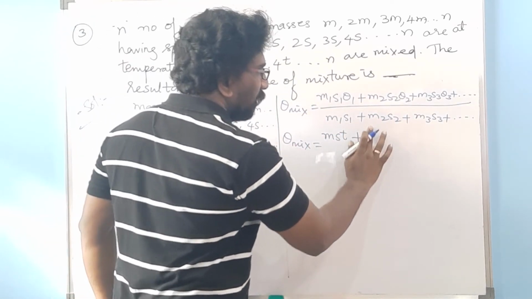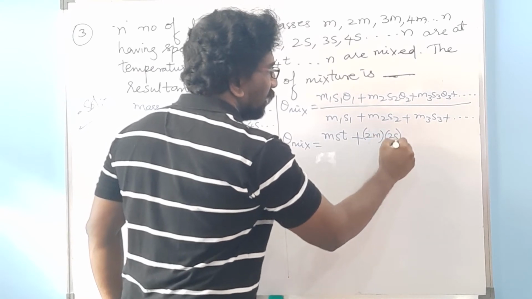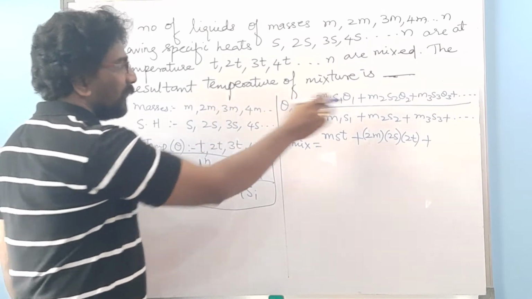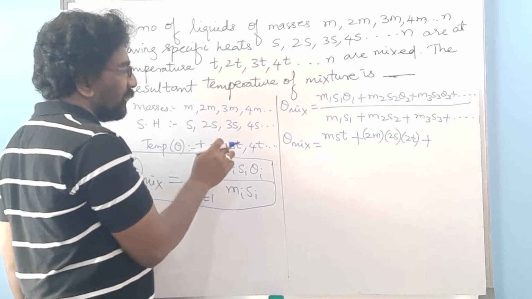So it is 2m into 2s into 2t plus what about the next case? m3 is equal to 3m, s3 equal to 3s, and theta 3 equal to 3t.